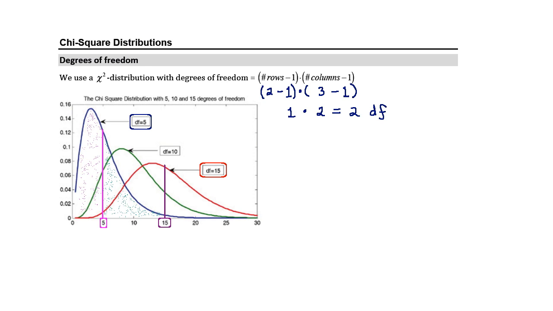Another important fact to remember is that a larger chi-square test statistic means stronger evidence against the null hypothesis.